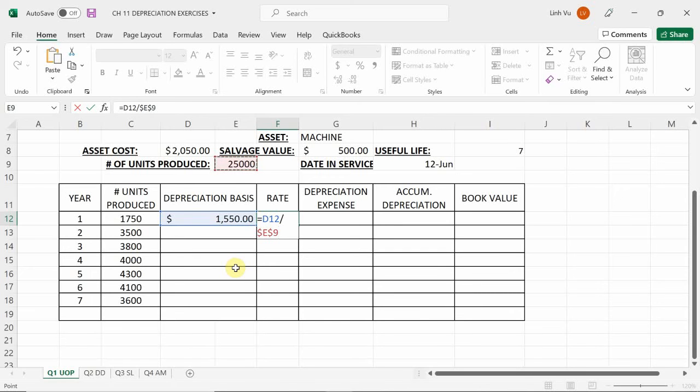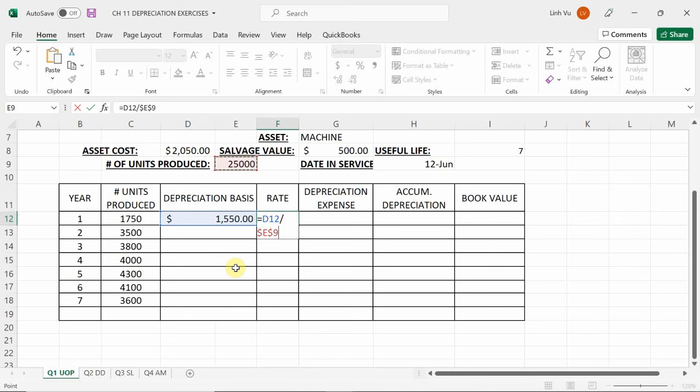So in this case, what I'm doing here is, if this is my grand total cost, or the amount that I can depreciate, and my capacity is 25,000, that means I'm going to break down every unit that I produce to give me a rate.